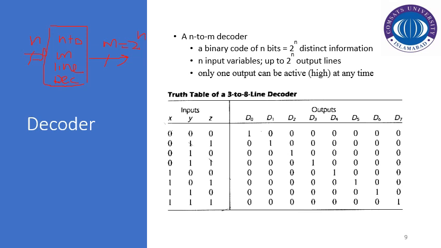So this is the decoding process that maps the particular code to unique distinct lines in order to convert the coded information into all the possible combinations.